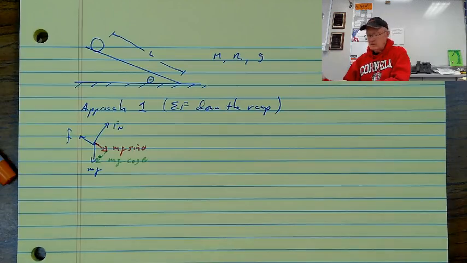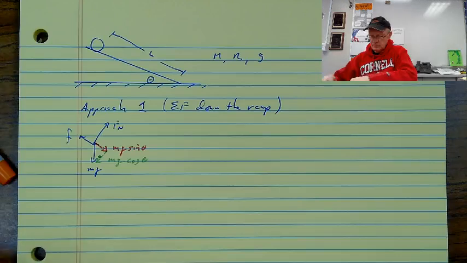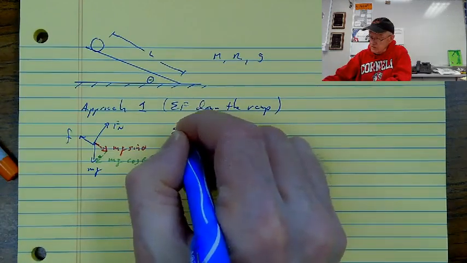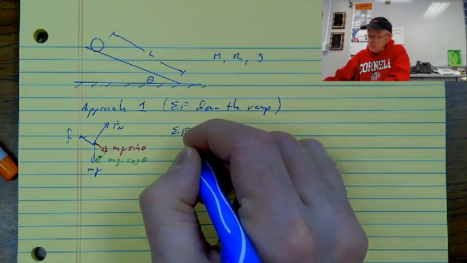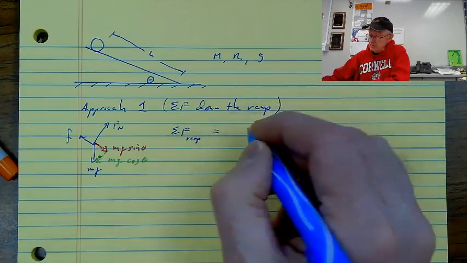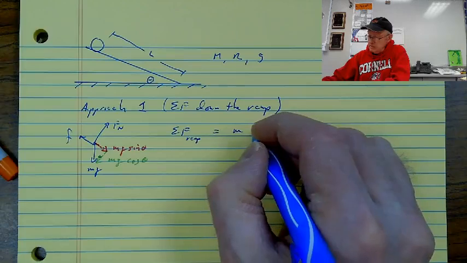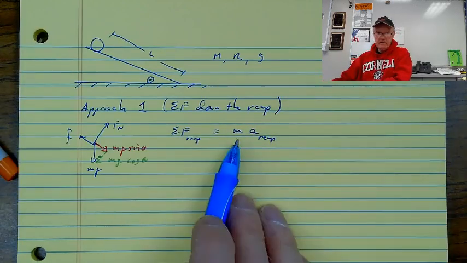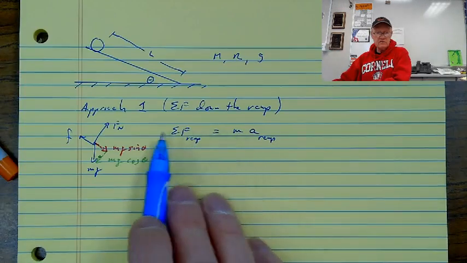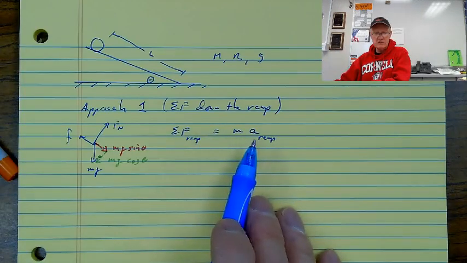Okay, so how about Newton's second law? We would say the sum of forces along the ramp is equal to m times acceleration down the ramp. And I've already made a mistake. I used lowercase m, but this is sort of just setting up the problem. We'll do some substitutions in our next step here.